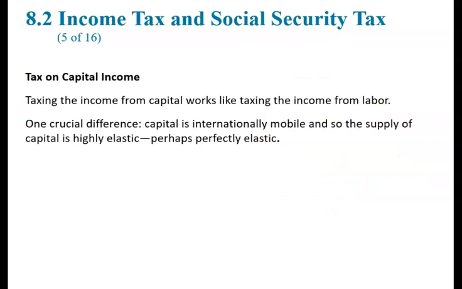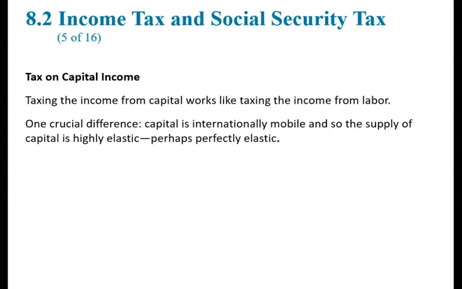Now we can also take a look at the example of tax on capital income. How is this different from tax on labor income? Taxing the income from capital is different in the sense that capital is internationally mobile, which means that the supply of capital is highly elastic.